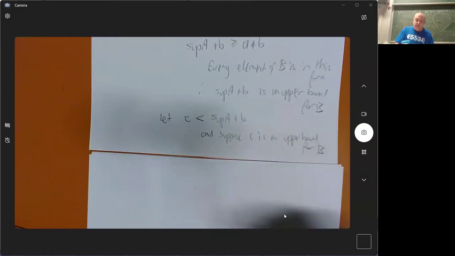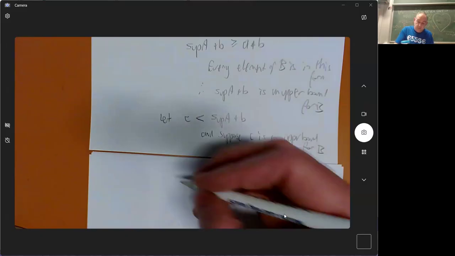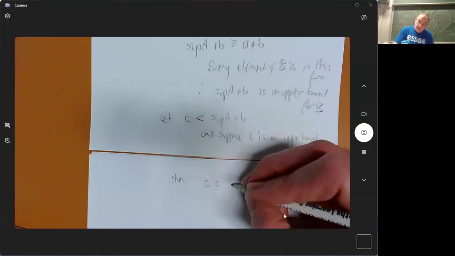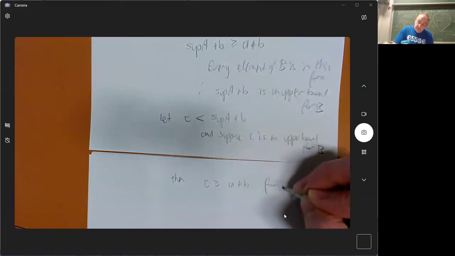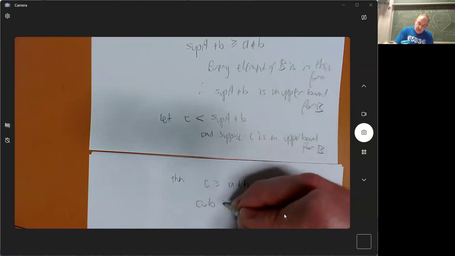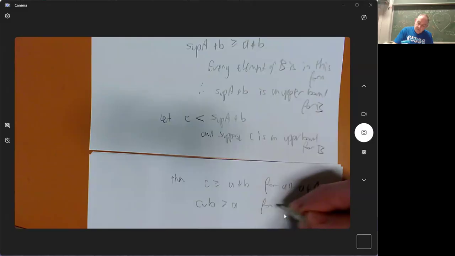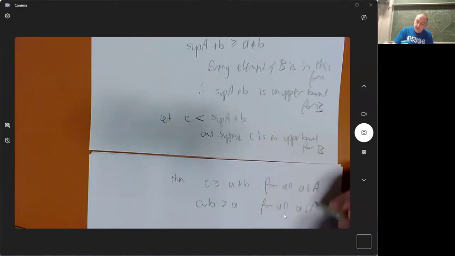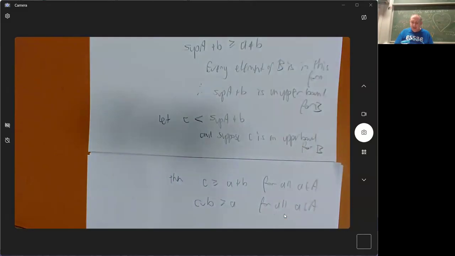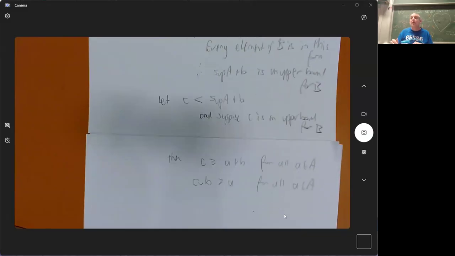That would mean that C is greater than or equal to everything in B. And C is greater than or equal to a plus b for all a in A. And so C minus b would be greater than or equal to a for all a in A. I didn't even need to do this. And so that means that C minus b is an upper bound.